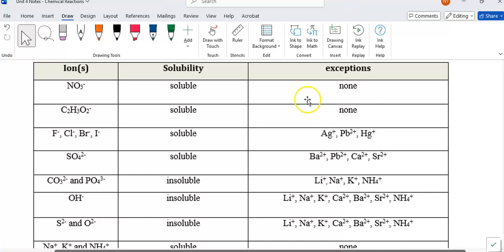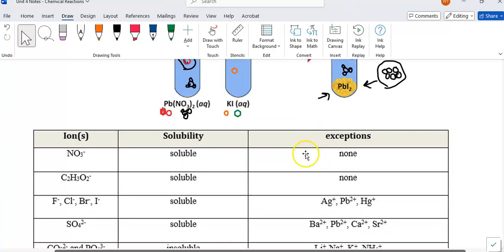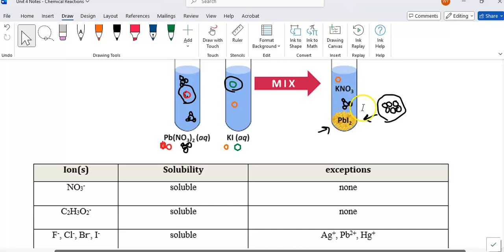And so by that logic, anything that I put with nitrate, whether it's lead(II), copper(I), magnesium, aluminum, doesn't matter what I put with it, it will be soluble. So if any of my products end in NO3, no matter what the positive ion is, it is going to be written as aqueous, okay? And so that by itself does not show that a reaction has happened yet. We need a solid precipitate to form.